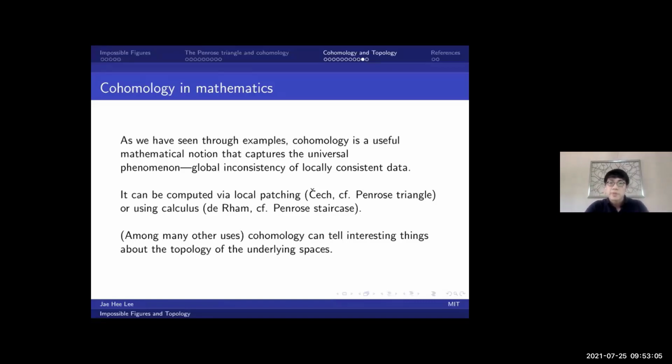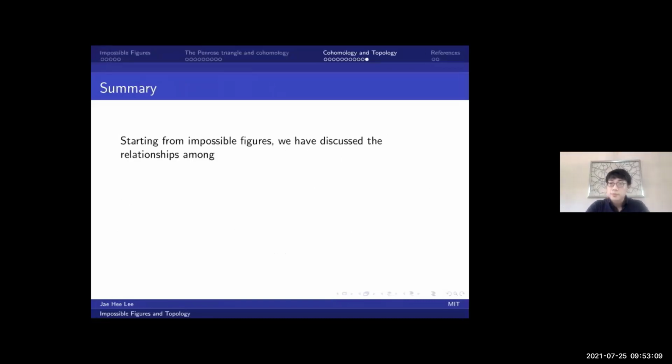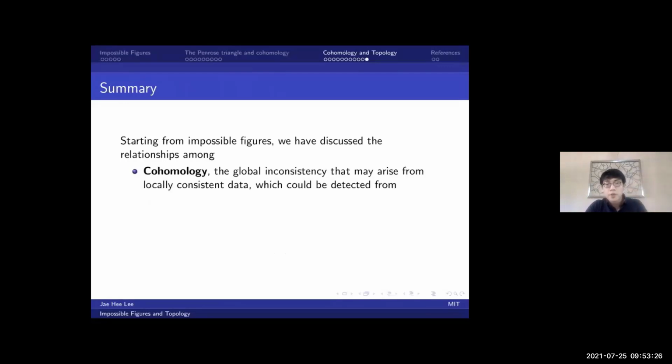many approaches in mathematics. So in summary, today's talk outline was the following. We started from impossible figures and saw these relationships among the ideas. The first idea was cohomology, the mathematical notion that makes rigorous the idea of global inconsistency that may arise from a collection of locally consistent data.